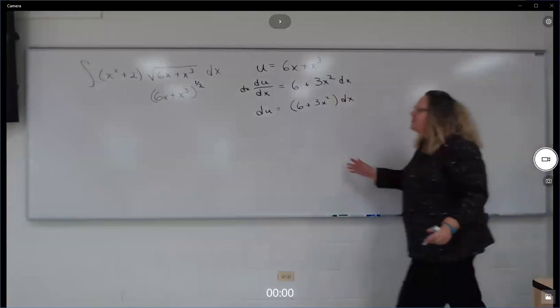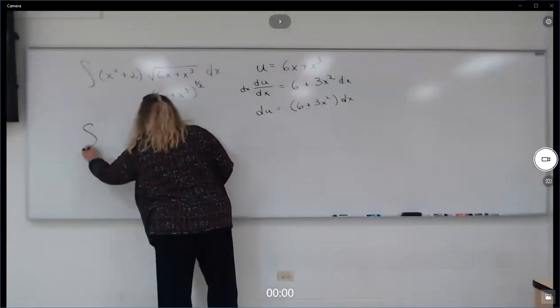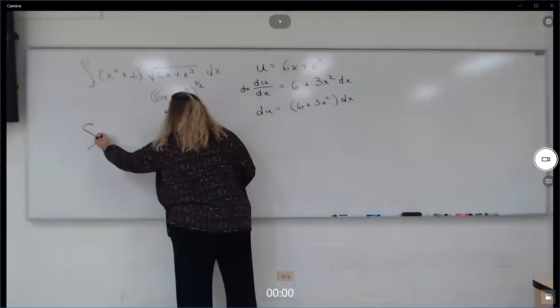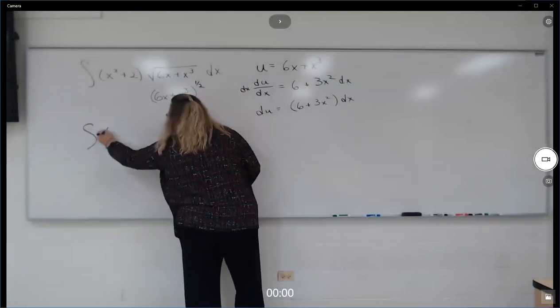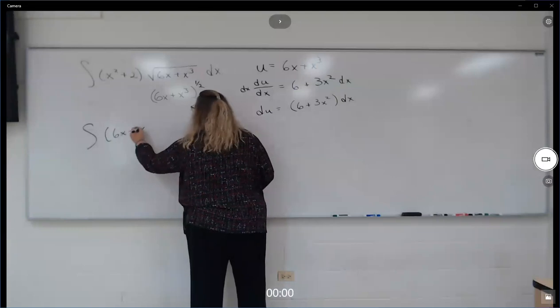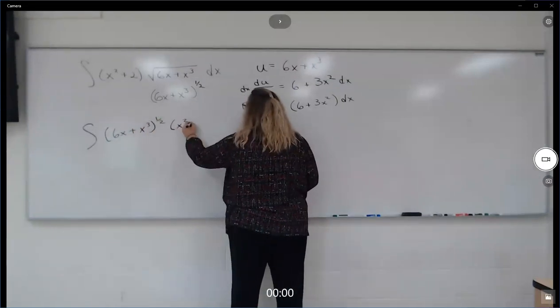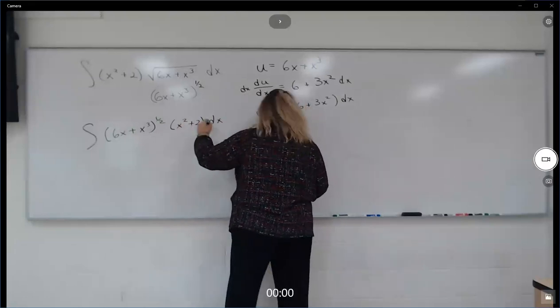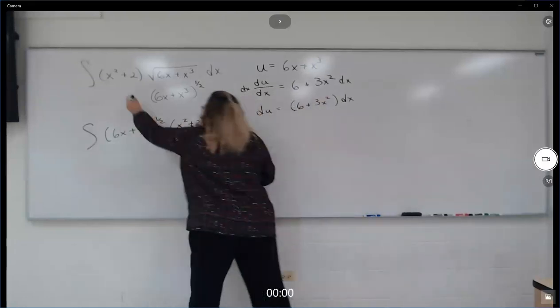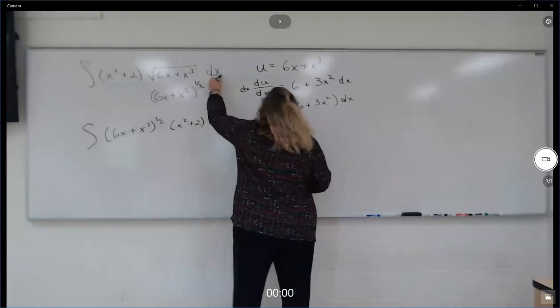Beautiful, yes. Okay, so now remember, I'm going to write it with this exponent: 6x plus x to the third, to the 1/2. And then I have this whole thing tagging along. Can you see that? This piece, and then this piece.